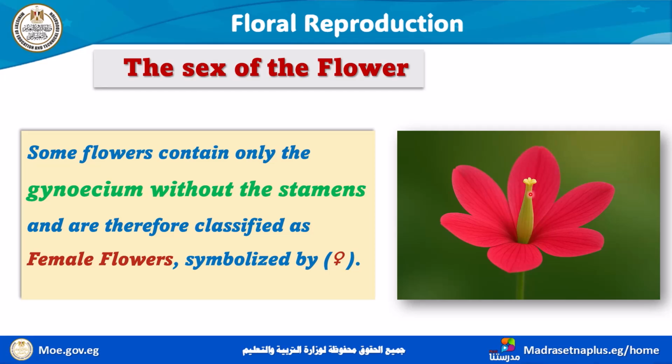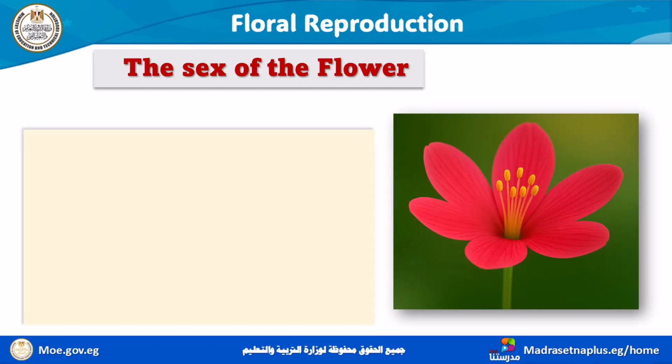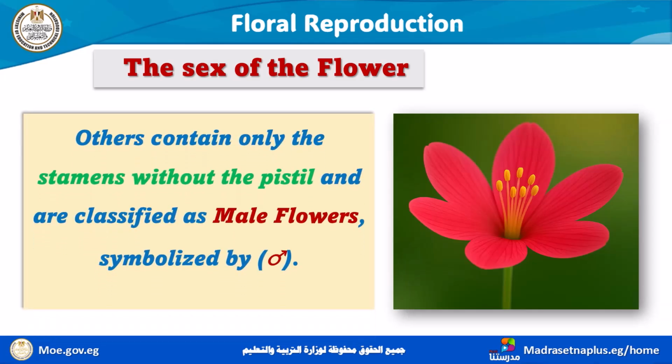There is no stamens here, and so this flower is a female flower, and this is the symbol of the female flower. In other cases, we have only stamens without the pistil and are classified as male flower, and the male flower is symbolized by this symbol.